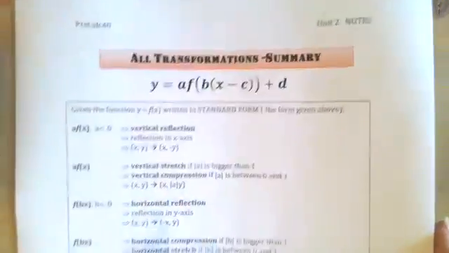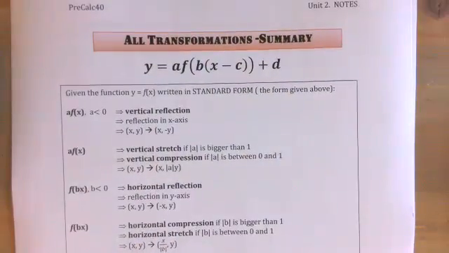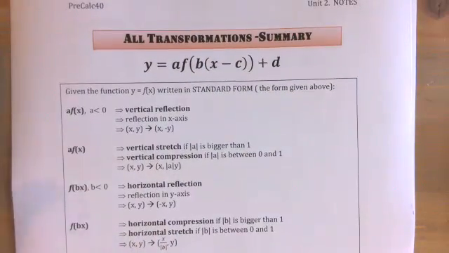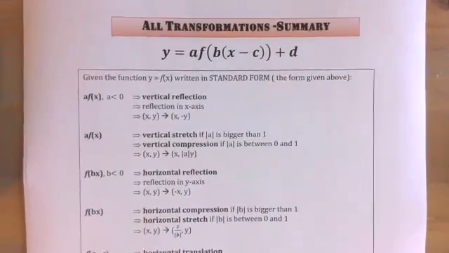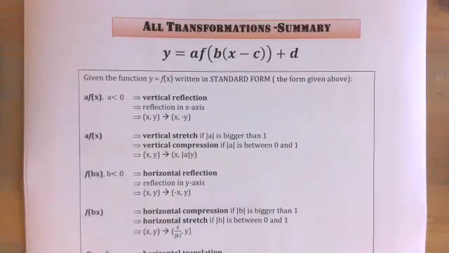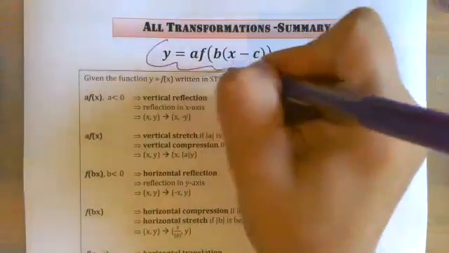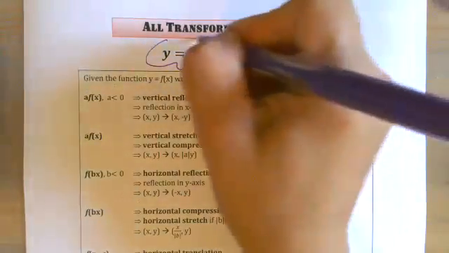Okay, so we have done pretty much all transformations. This page has a nice little summary of all of the transformations we have talked about based on the standard form equation.